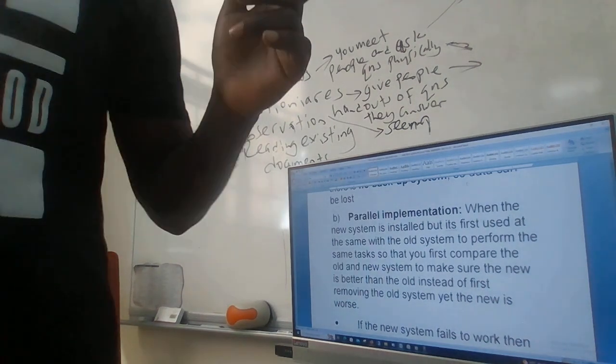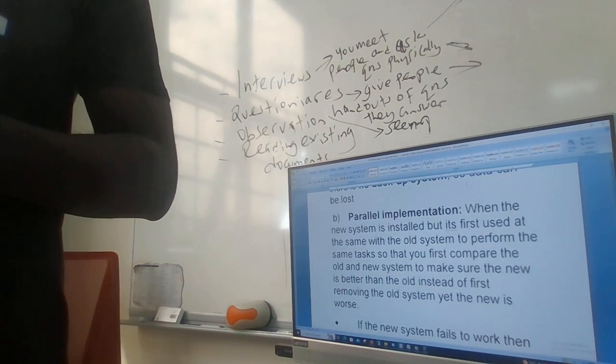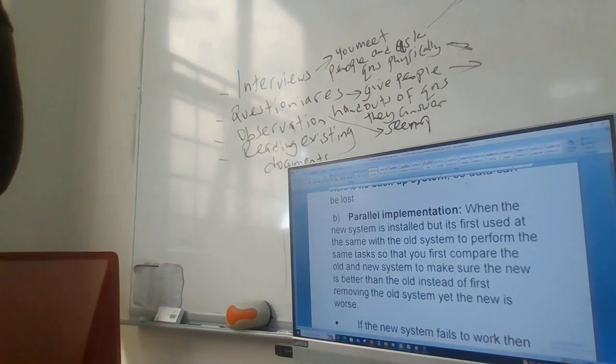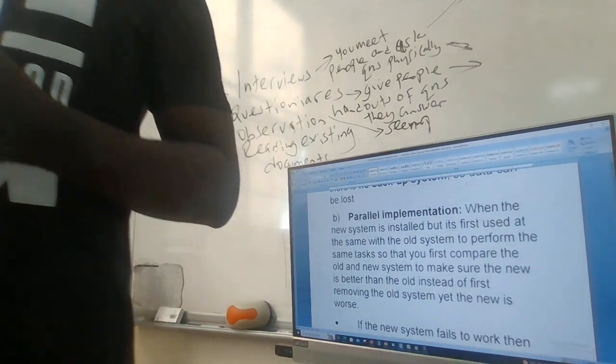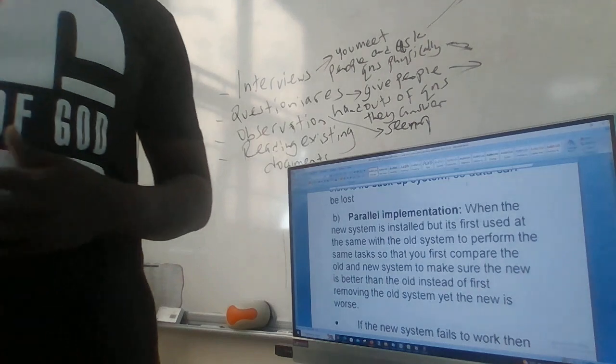Now, it has an advantage. The advantage is, one, in case the new system doesn't work well, there's a backup what? System. So point number one, there's a backup system if the new system has errors. That's one point.